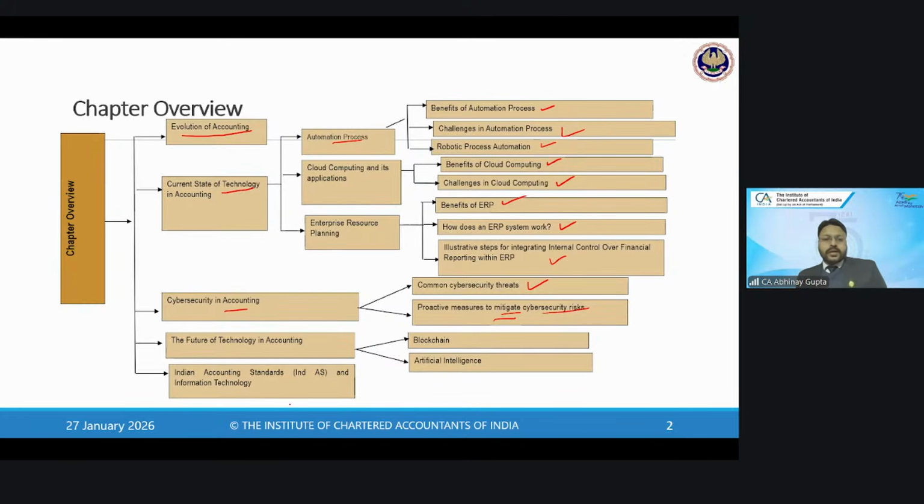Then a new technology which has come up recently, in the last 5 to 6 years, or maybe approximately 10 years, is blockchain. You must have heard the term Bitcoin and other similar coins which are operating on blockchain technology, right?